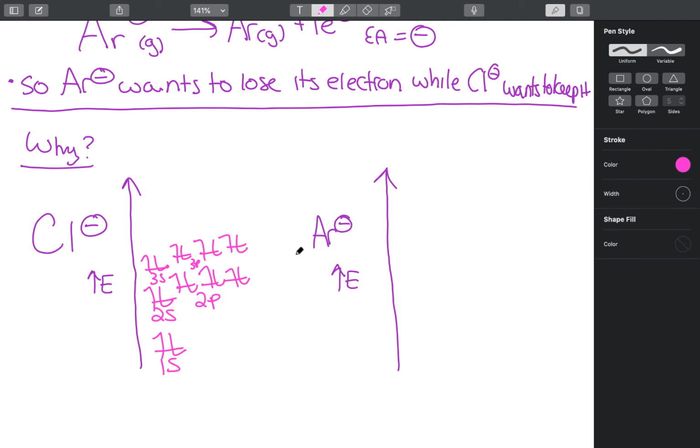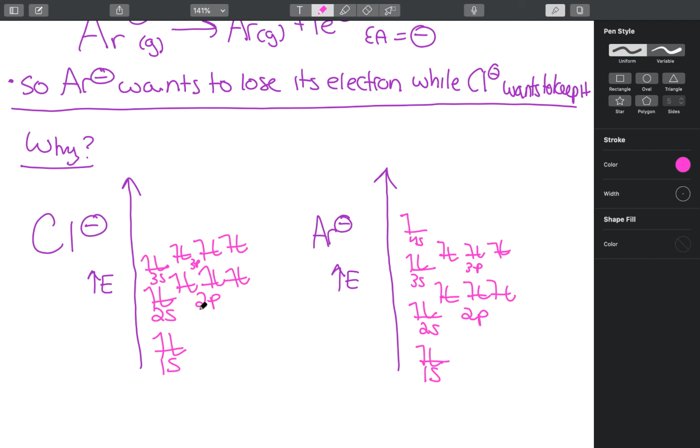Now let's move to our argon. Our argon will have pretty much the same orbital diagram except for one little electron. So let's draw our orbital diagram for the argon anion. Then our 3s, then our 3p, and then our 4s, our one lonely electron in the 4s subshell.